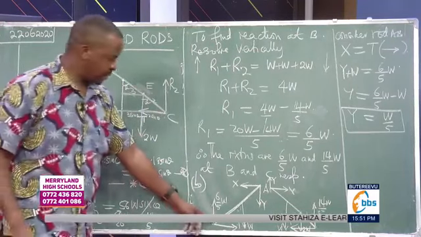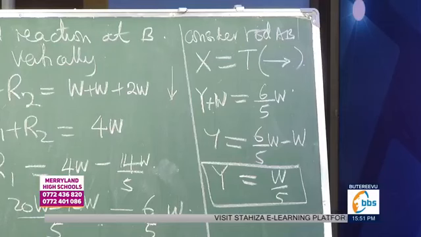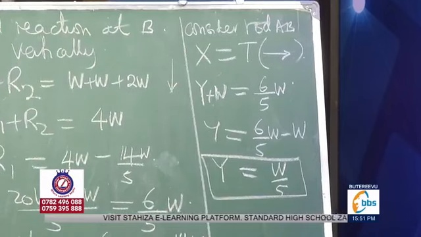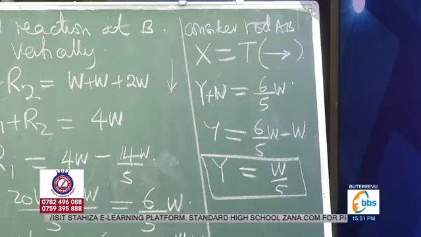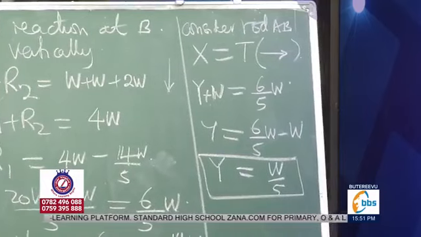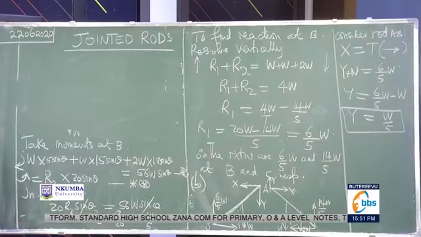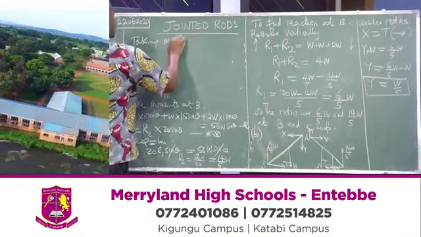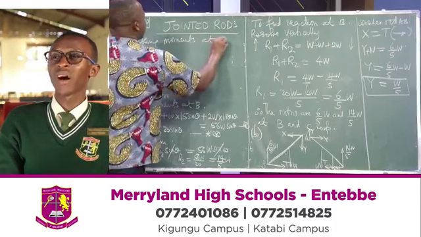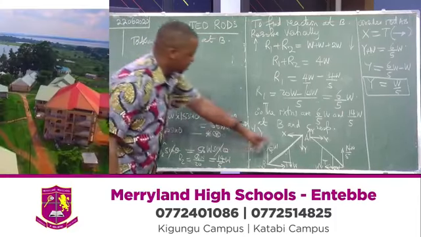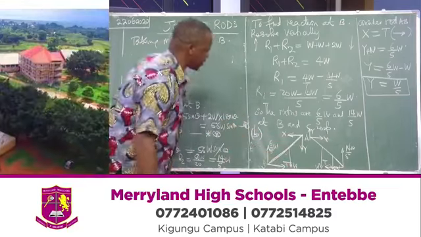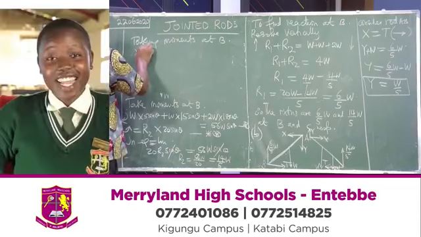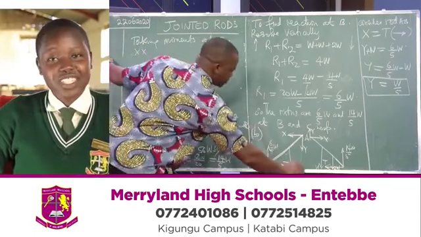Now we want to find X, so we take moments at point B. Moments at B: I have X, Y and that W only. X will be multiplied by the perpendicular distance, which will be this.